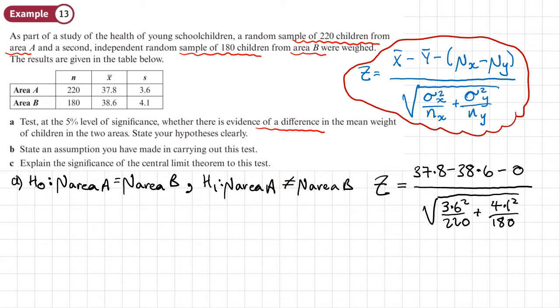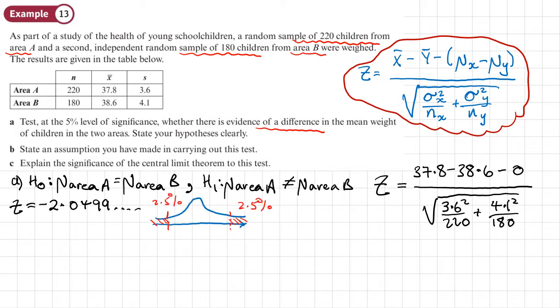Okay, so here's my calculation to work out my test statistic Z, and that's minus 0.20499. Here's my little normal distribution curve to help me out. I know that the critical values are 1.96 and minus 1.96.